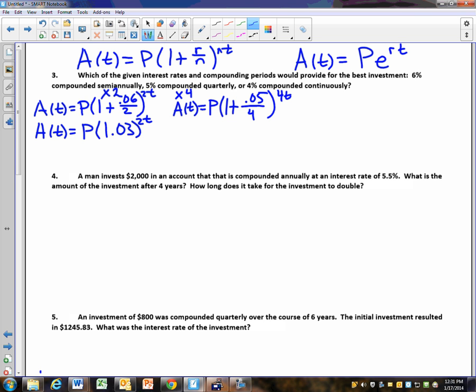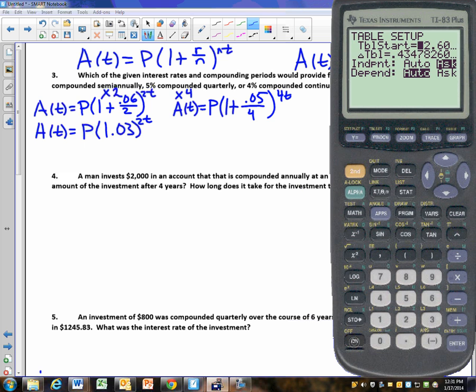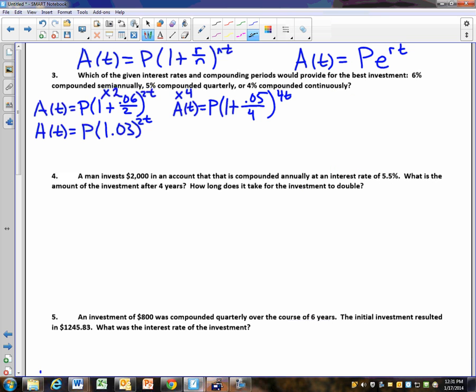Thank you for catching that. Let's simplify this first: I'm going to take 0.05 and divide it by 4, and I get 0.0125.